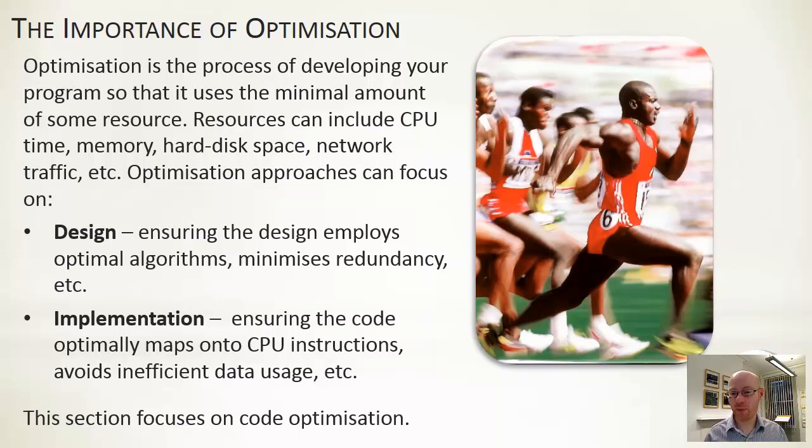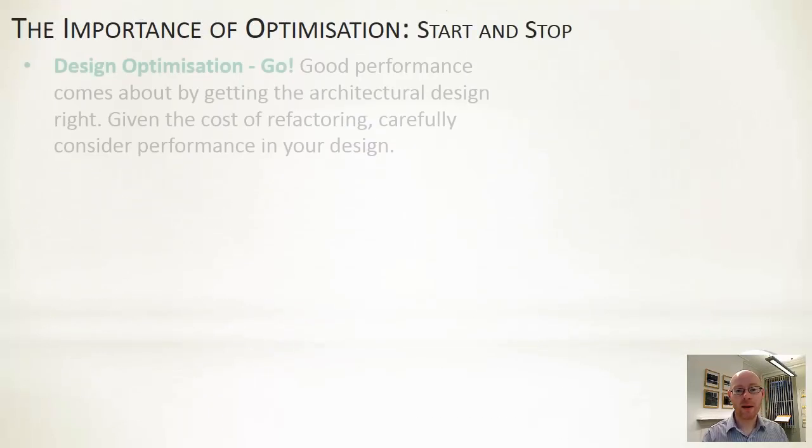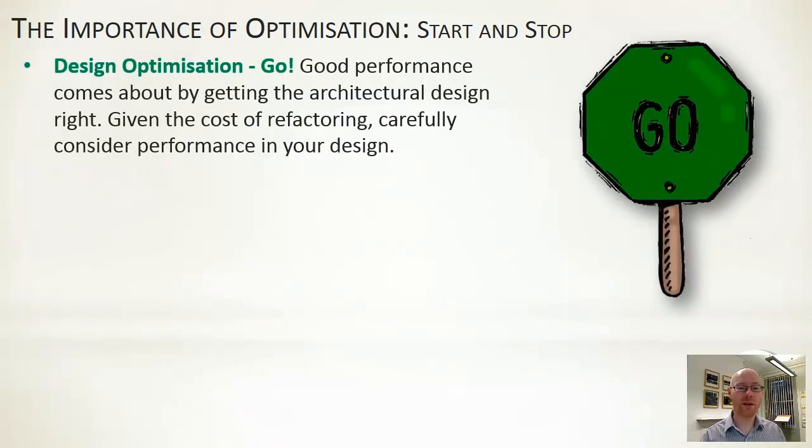For this particular lecture, we're mostly concerned about code optimization and not so much in terms of the design optimization, though we'll talk about it briefly. When we're thinking about optimization, there's a few general guidelines. First of all, design optimization is good. This is generally the area where the large performance gains arise.